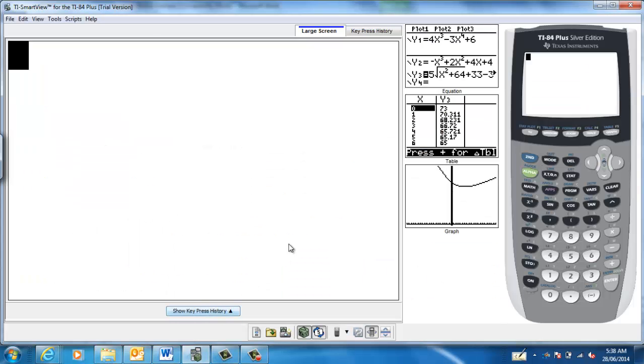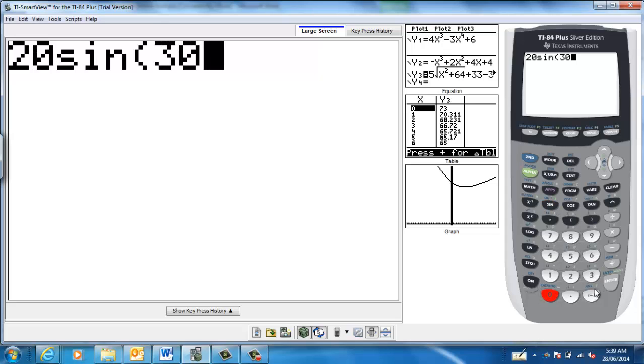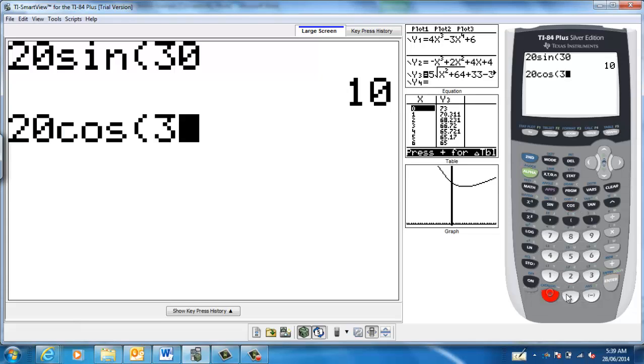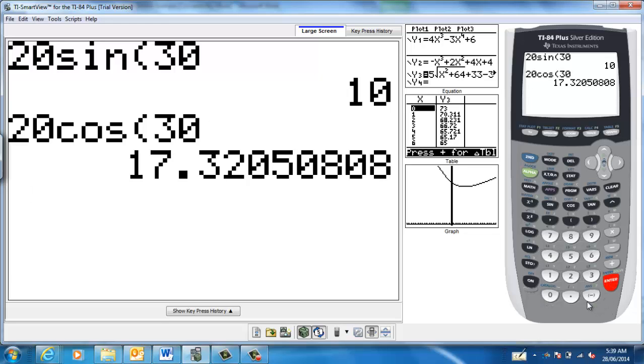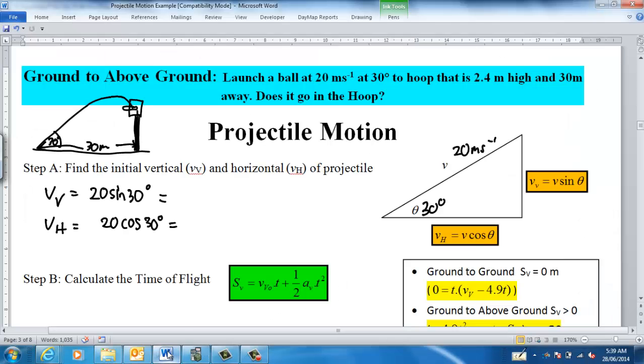Go to your calculator: 20 sine 30, enter, that's 10. 20 cosine 30 is 17.3. So going back, that's 10 metres per second and that's 17.32 metres per second. It's really crucial that you can do that.